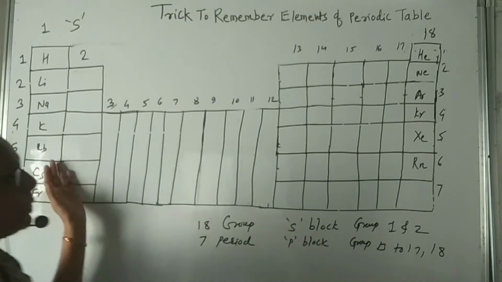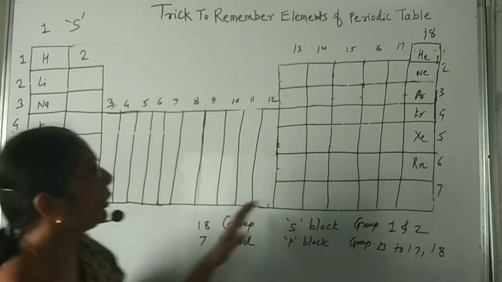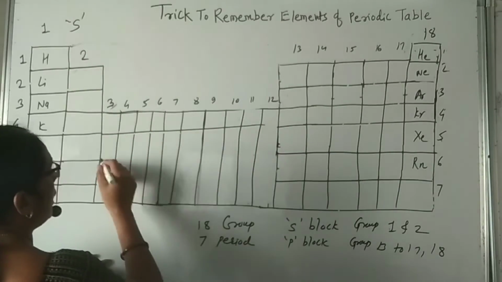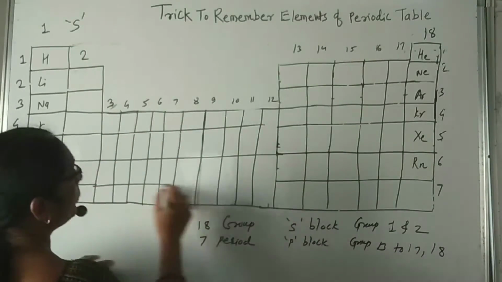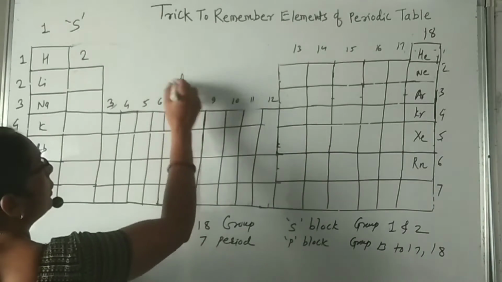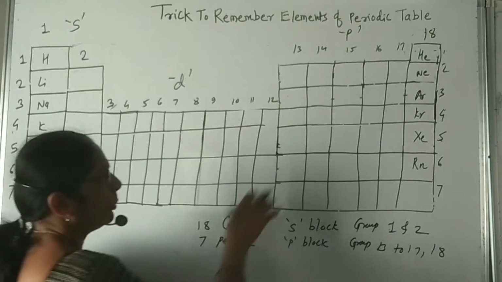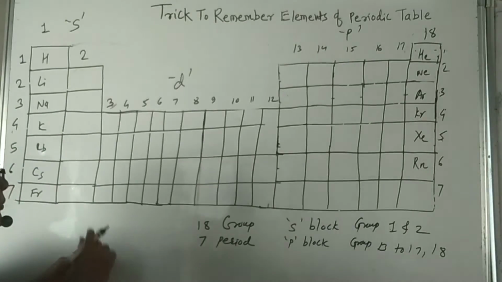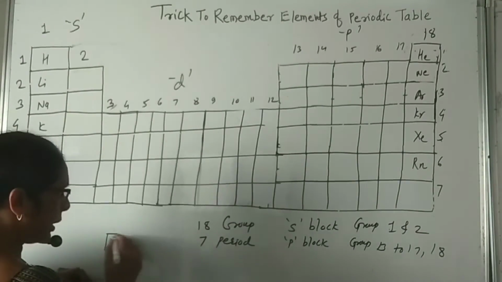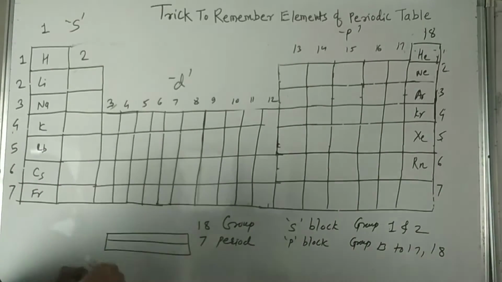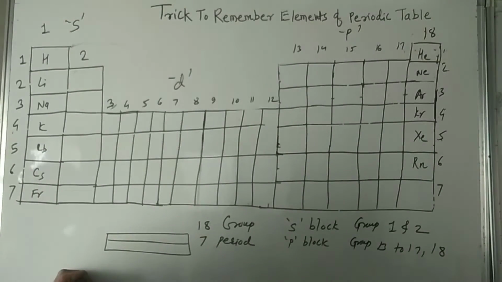In between the S block and the P block elements, the D block elements are there, and these are from group 3 to 12. We also know that the lanthanide and actinide series are present at the bottom of the periodic table, given a separate location.